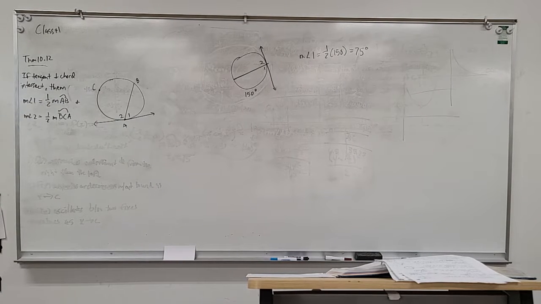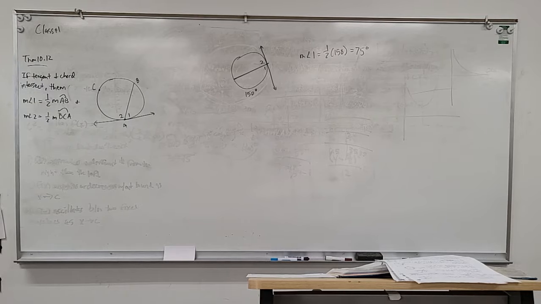What if I gave you the same problem and I asked you to give me the measure of angle 2? Who could do that? Cal, what you got? It should be the same because look, the chord in the middle looks like a diameter. It may look like a diameter, but is it a diameter?